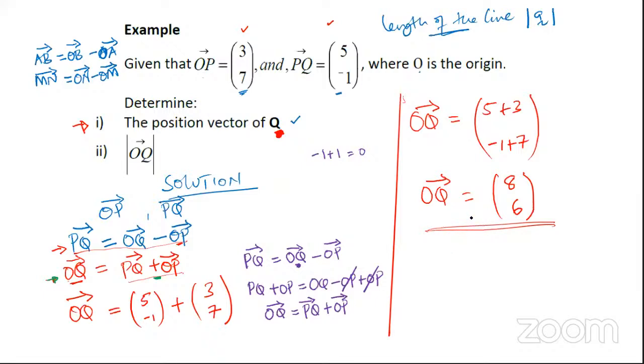Now, the second part is asking us to get the magnitude. Let's write it here. The second part is to find the magnitude of OQ. We know that the position vector OQ is equal to 8, 6.